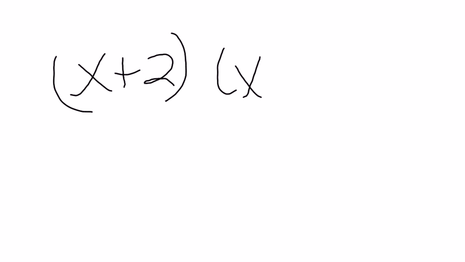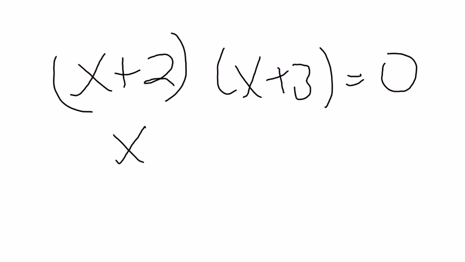Number 9, John's solution to the equation is shown below, and which property did he use for step 2? So step 2 looks like x plus 2, and then x plus 3 equals 0. So in his step 2, he has x plus 2 equals 0, x plus 3 equals 0.